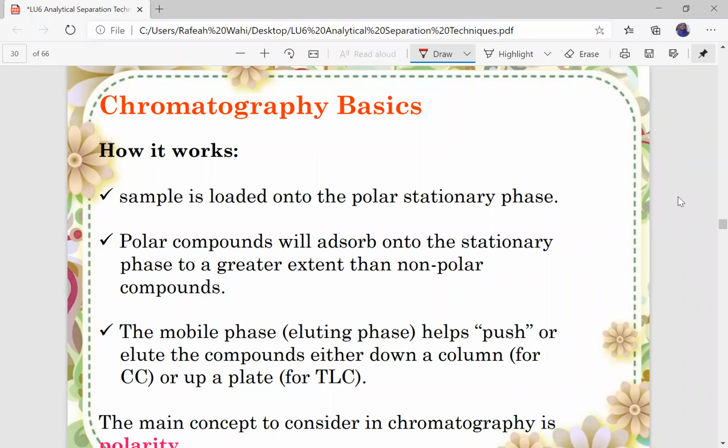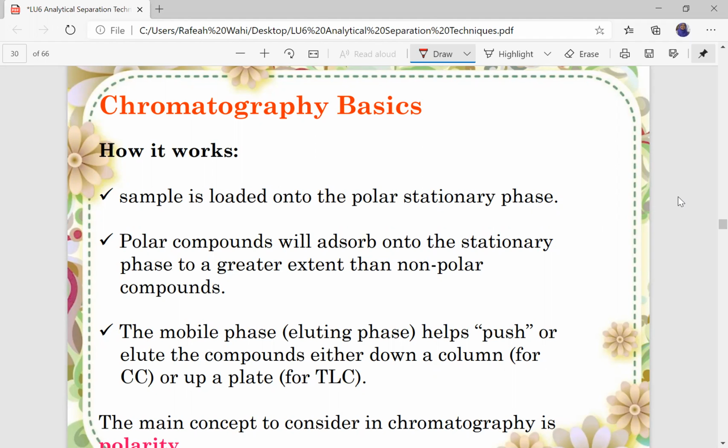Basically, how chromatography separation works is that the sample is loaded onto the polar stationary phase. Okay. Normally, the stationary phase is polar. And polar compounds will adsorb onto the stationary phase to a greater extent than non-polar compounds. So based on this theory, the mobile phase or the eluting phase will help to push or elute the compounds either down a column for column chromatography or up a plate for thin layer chromatography.